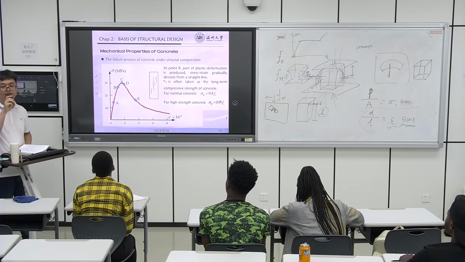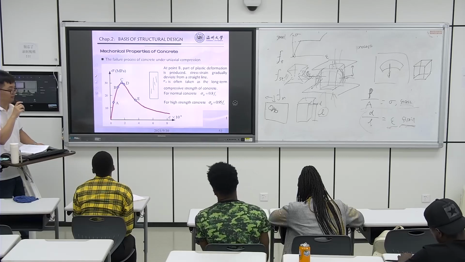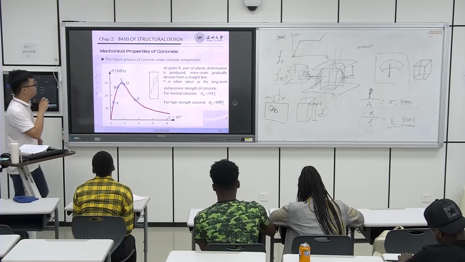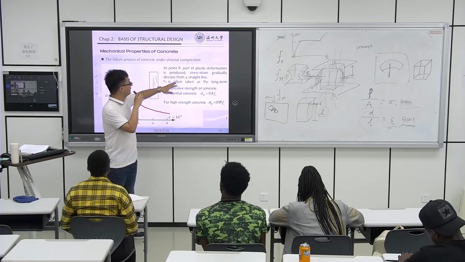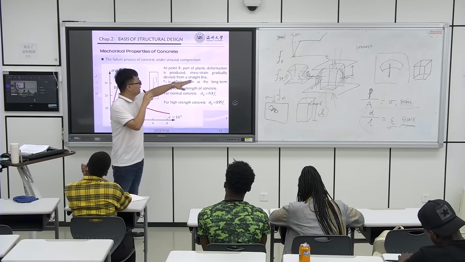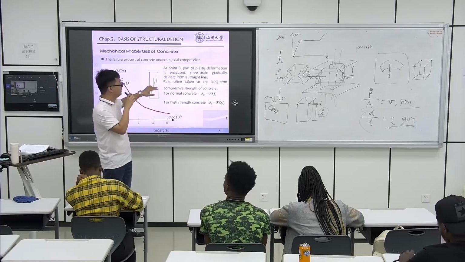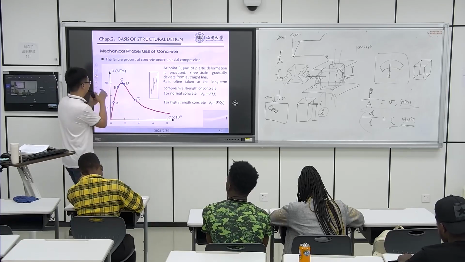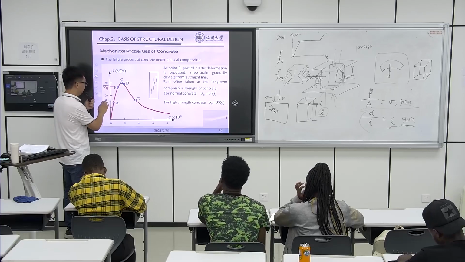So they gradually deviate from a straight line. They are nonlinear, and sigma b means the B point, this is sigma a.